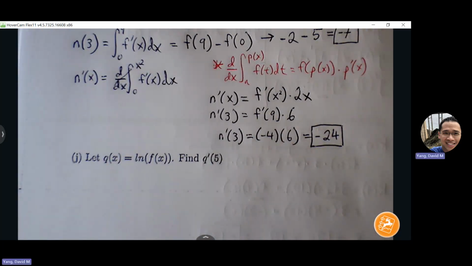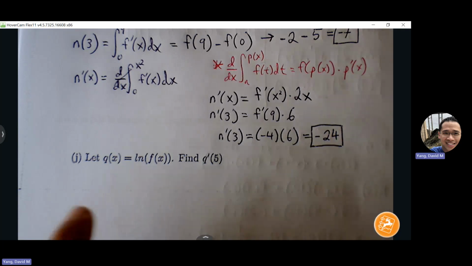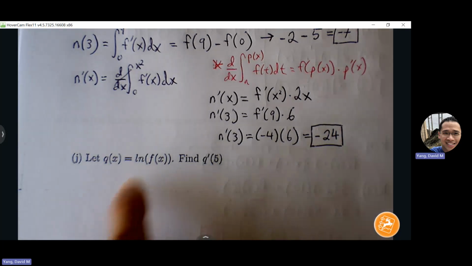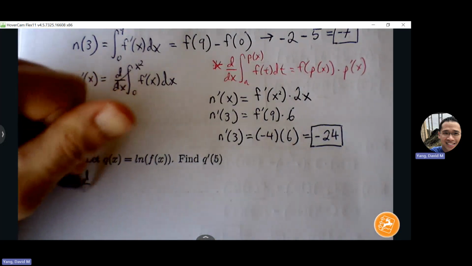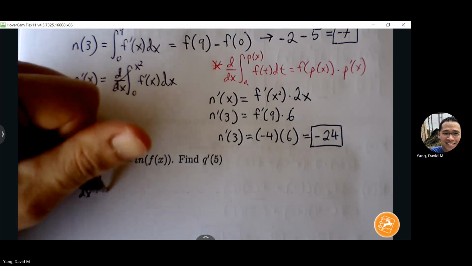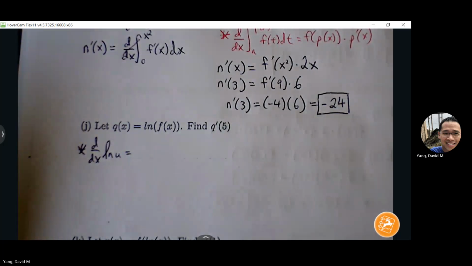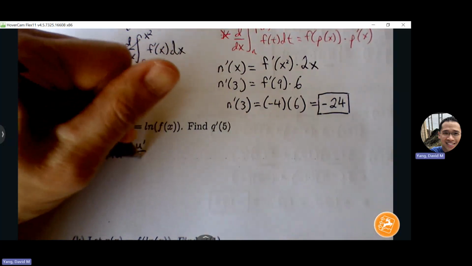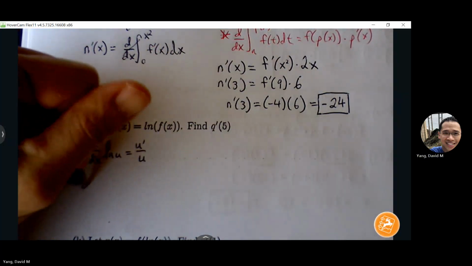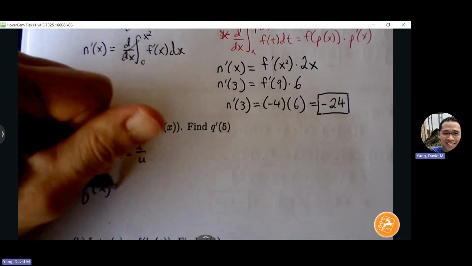Okay, next up, q of x is natural log of f of x. Find q prime of 5. So to find q prime of x, I need to find the derivative here. As a reminder, this is natural log of f of x, but let me remind us, what's the derivative rule for natural log of u? u prime over u. Okay, so let's follow that rule here.